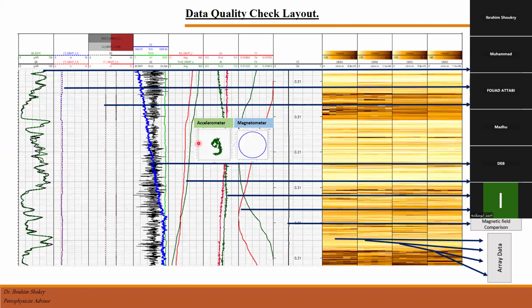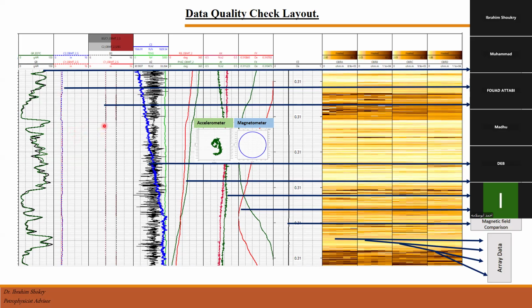So this is the basic quality check just after acquisition. For our borehole imaging display, first of all we make a depth shift between the first run and the second run, to be applied to all the image data so they are aligned on the same depth. Second track is the calipers, showing the difference between the calipers.